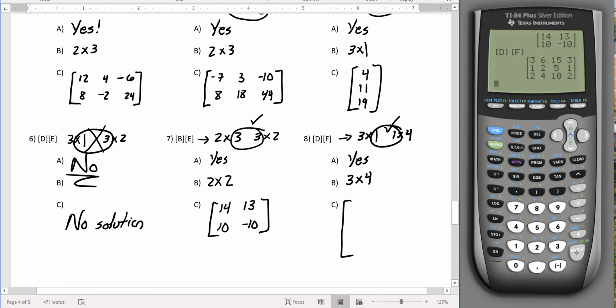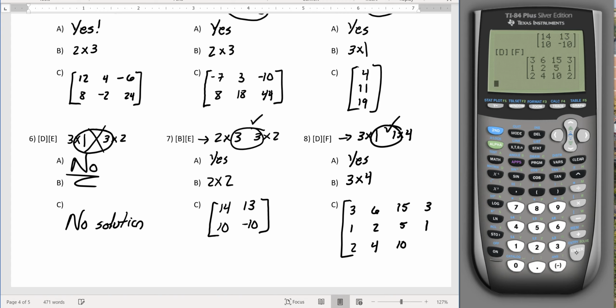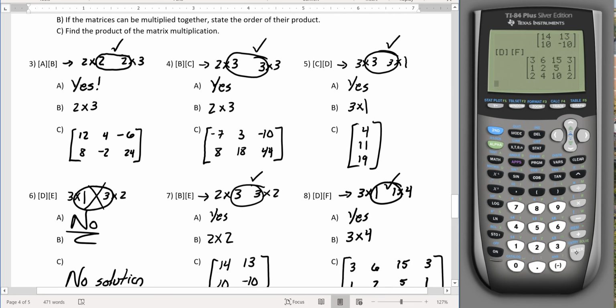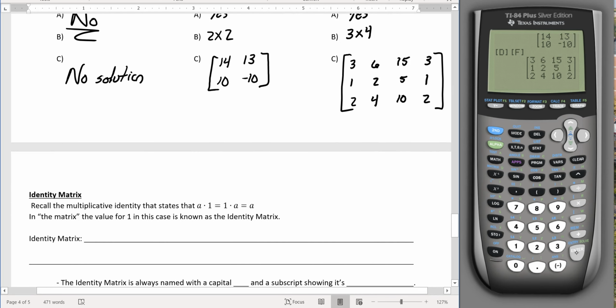So we have 3, 6, 15, 3, 1, 2, 5, 1, 2, 4, 10, 2. Beautiful. And there is multiplying matrices by a matrix.